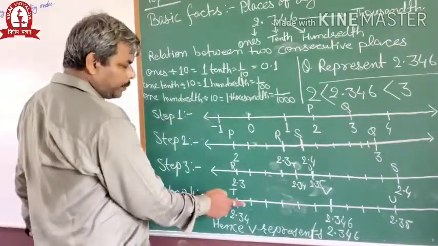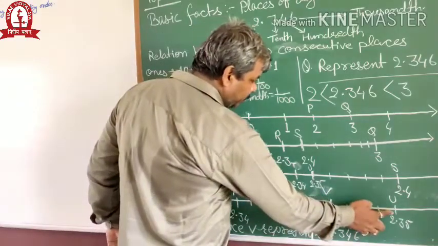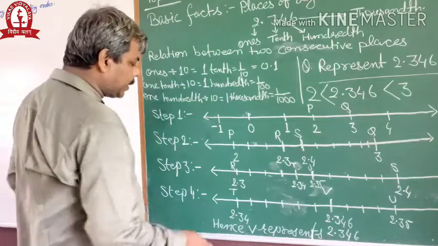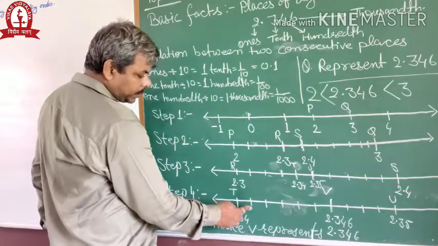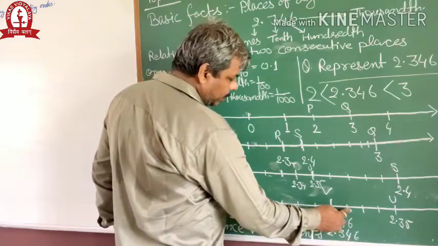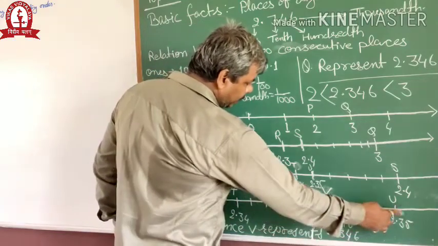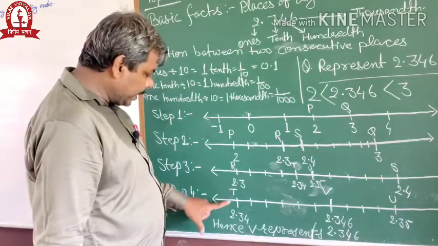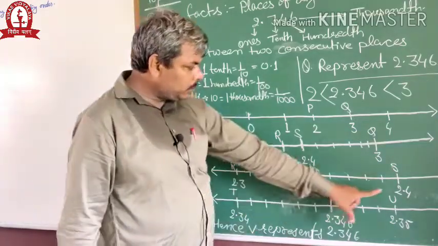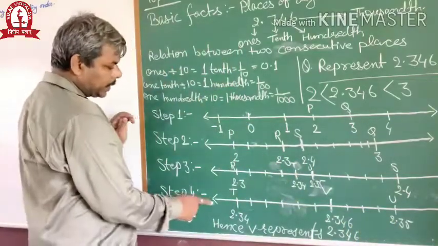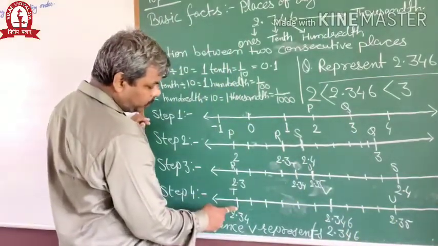So again we divide this distance, which is equals to 100th unit, into 10 equal parts. This is the first, second, third, fourth, fifth, sixth, 7th, 8th, 9th and 10th. We mark here T, write 2.34, U and write 2.35. And now I start counting from 2.34.